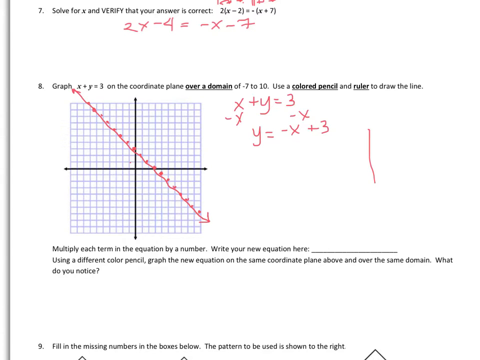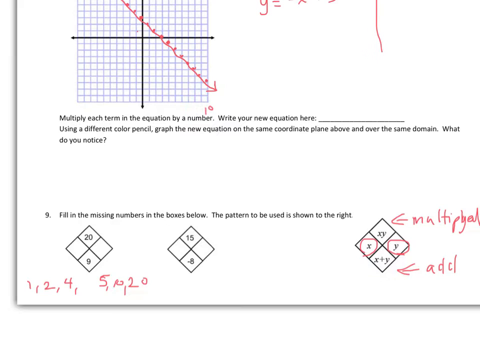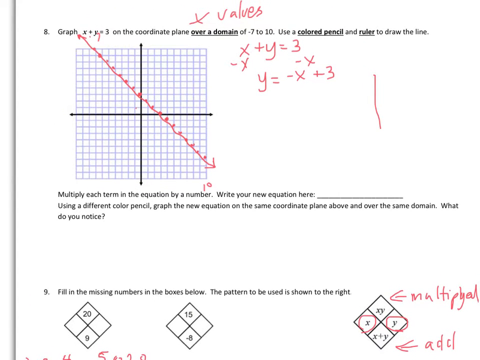The domain that we used was negative 7, right here, negative 7, again, right up here, 10 down here, and graph your new equation, because of that domain, which again is the x values, and you'll do just fine.